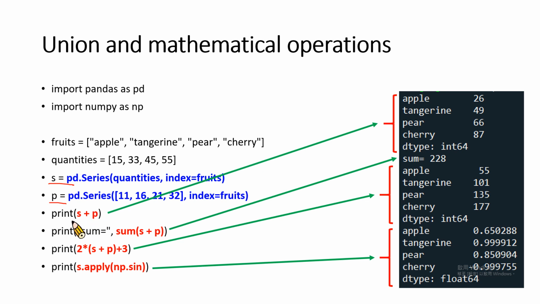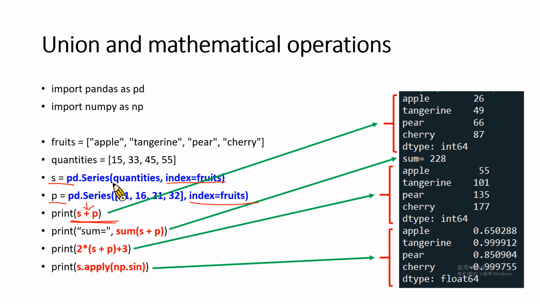If we want to add or union these two series, we can use a plus symbol. Because the indexes for these two series are fruits, the indexes are the same, and we want to add them together.